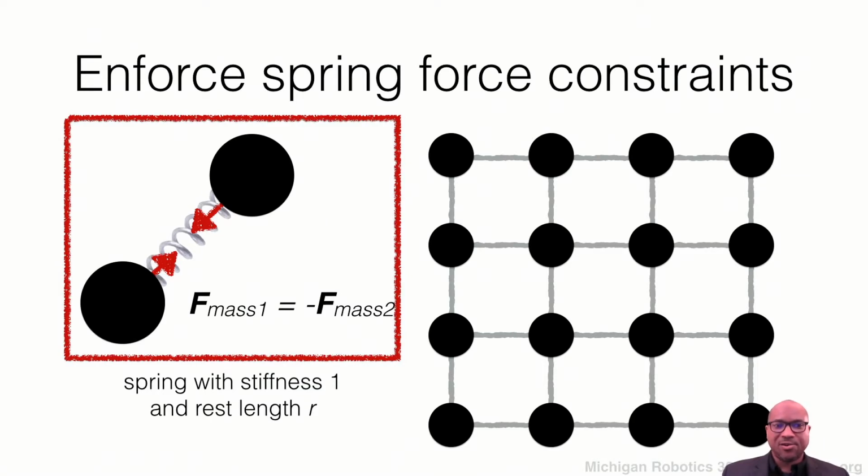These are springs with high stiffness and a rest length, and the rest length is essentially how far away they should be along the cloth. Just noting that the force applied to one particle using the spring constraint is the negative of the force applied to the other particle.